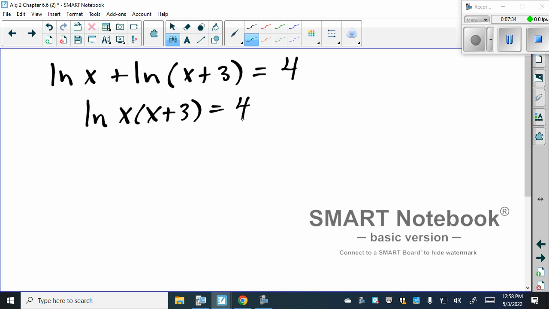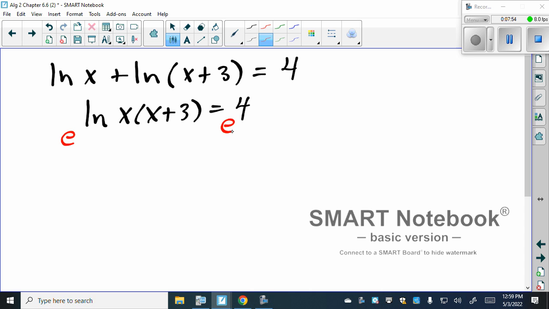So we rewrite the natural log of x, okay, so let's focus up here, and the natural log of x plus 3 as the natural log of x times x plus 3. The reason we do this is to simplify the log by putting both of these to the base e.